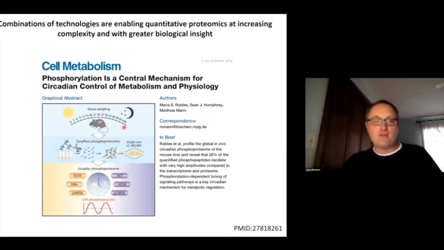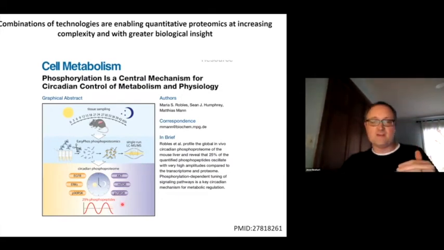This experiment looked at how the phosphoproteome of the rat or mouse changed over time, in an effort to understand how much signaling is dependent on a circadian rhythm.